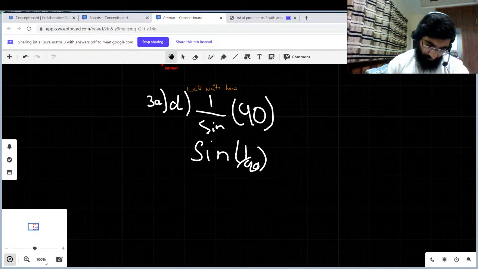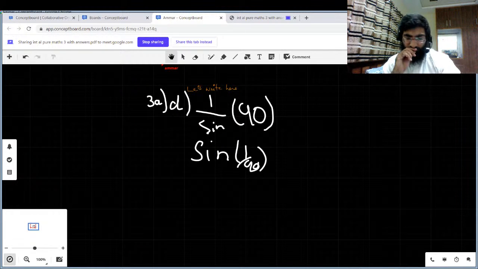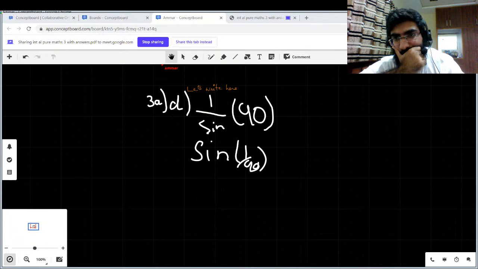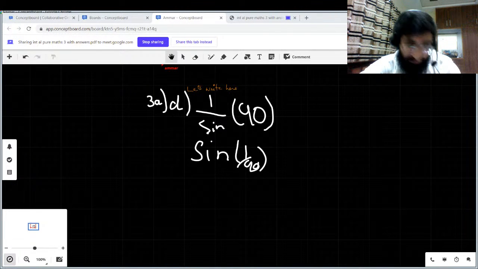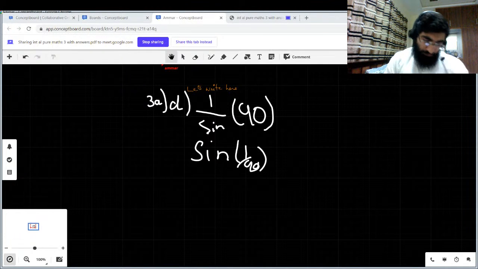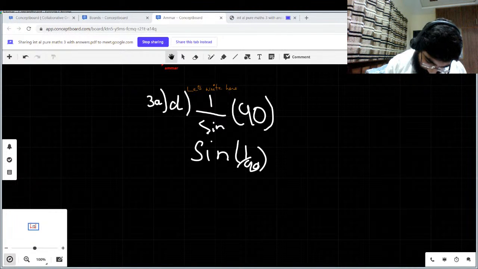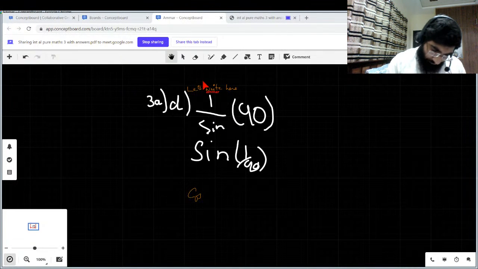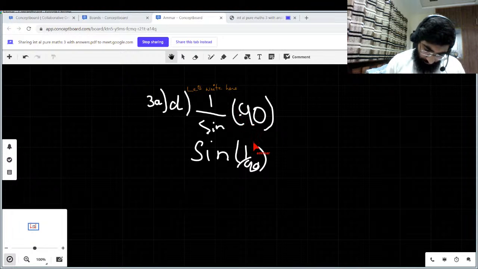Is that what I'm supposed to do? No, not sine 1 over 90. It would be 1 over sine 90, and sine -90 in fact, because arc sine was -1. The question was, it's minus 90. But am I doing it right?